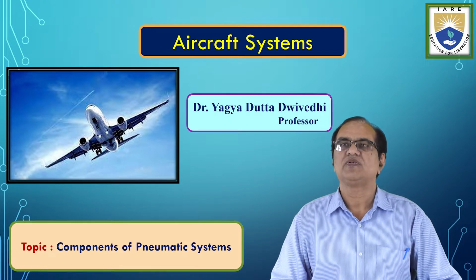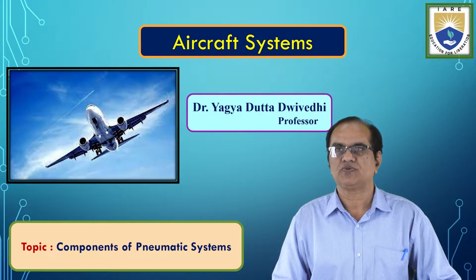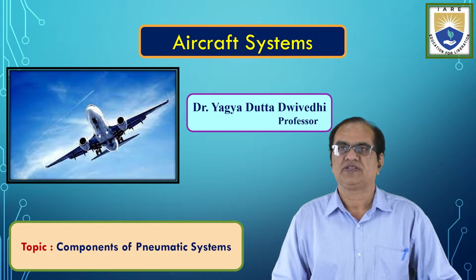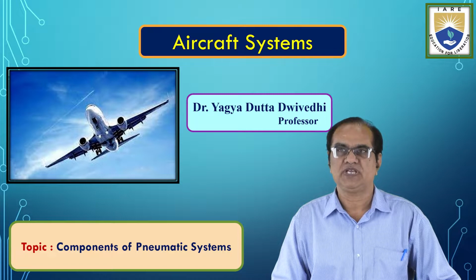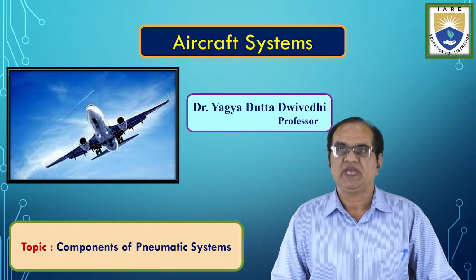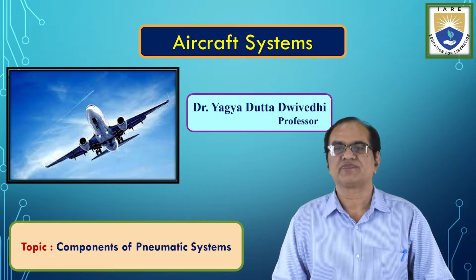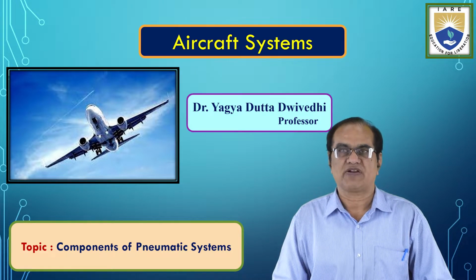As of now, I have covered module 1, module 2 and 3/4 of module 3. In module 1, I have discussed the main components of the system, especially the aircraft systems.